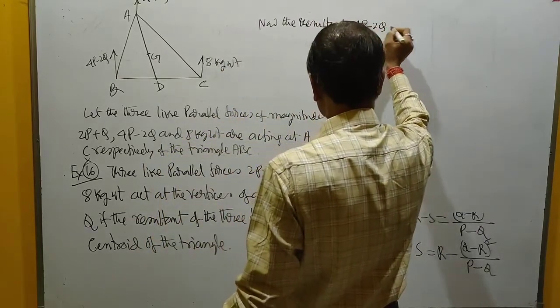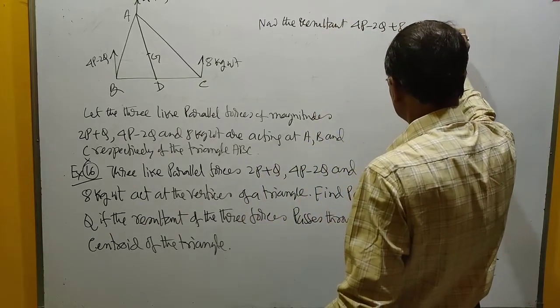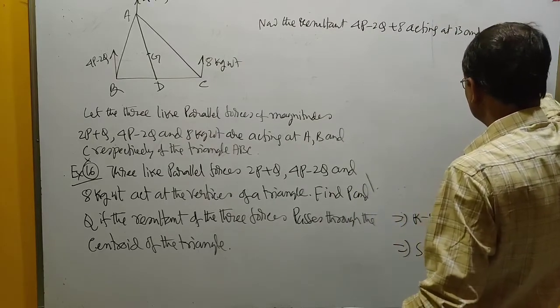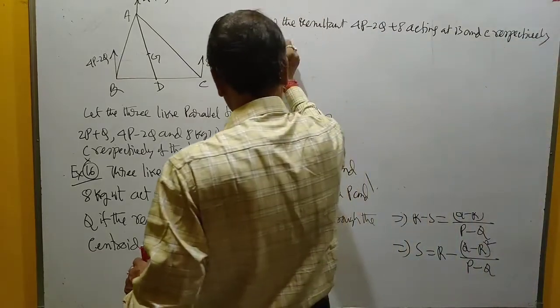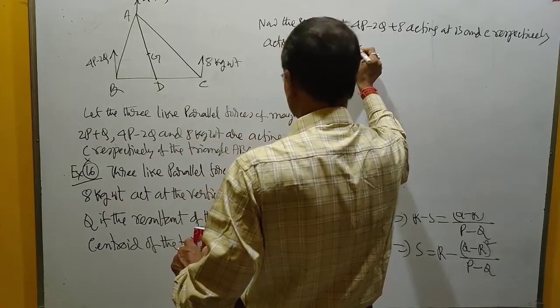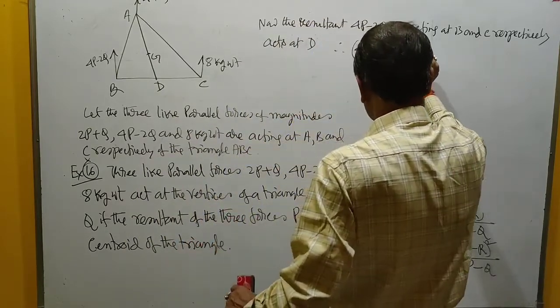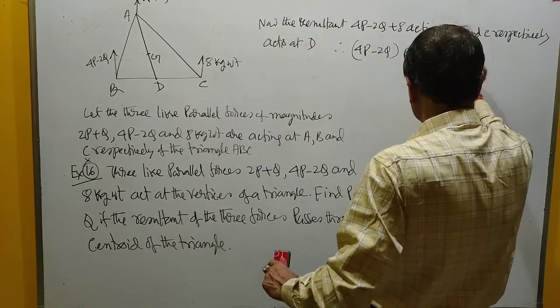The resultant of 4P minus twice Q plus 8 acts at B and C respectively, at D. And therefore, 4P minus twice Q into BD should be equal to 8 into CD.